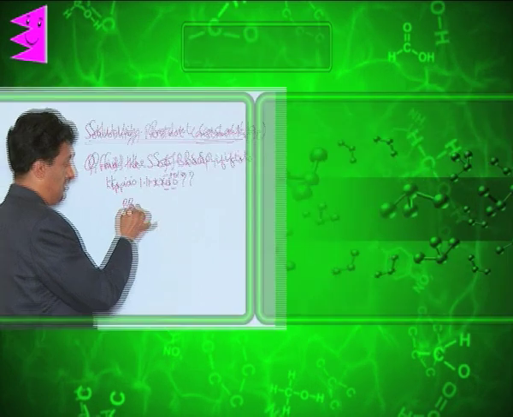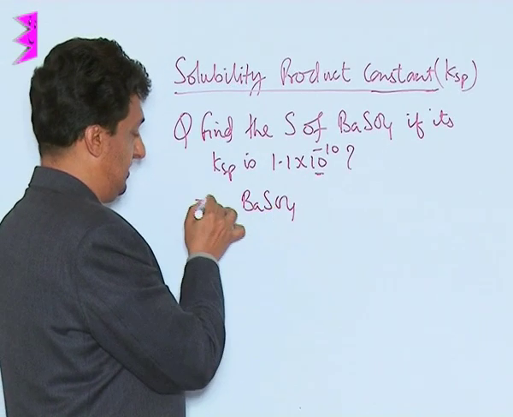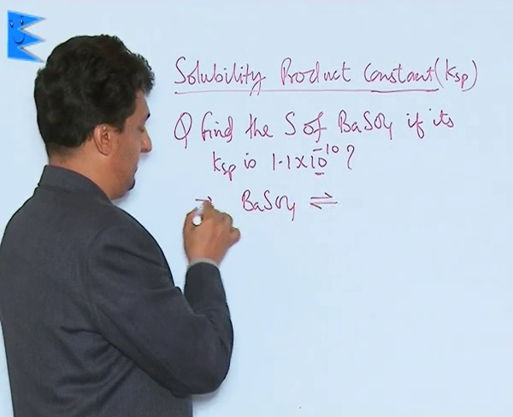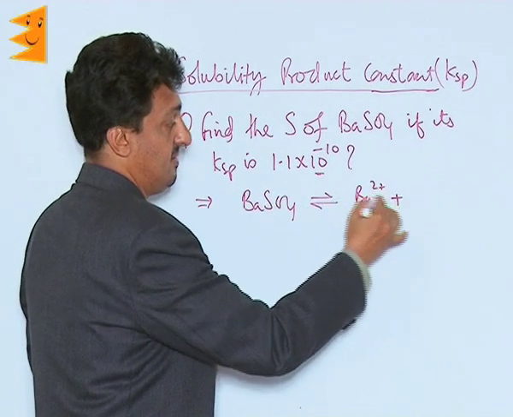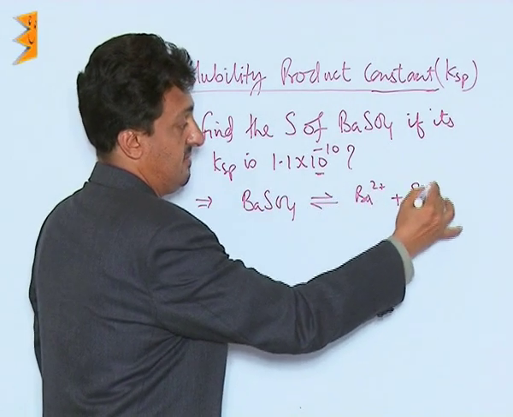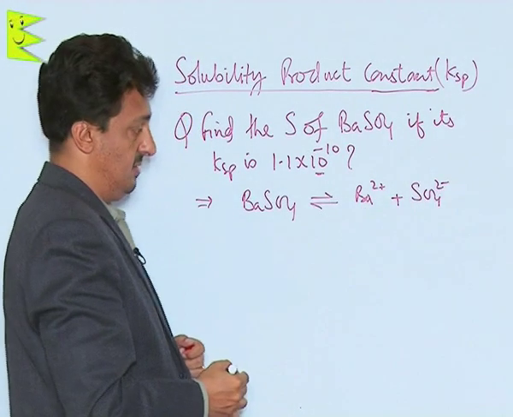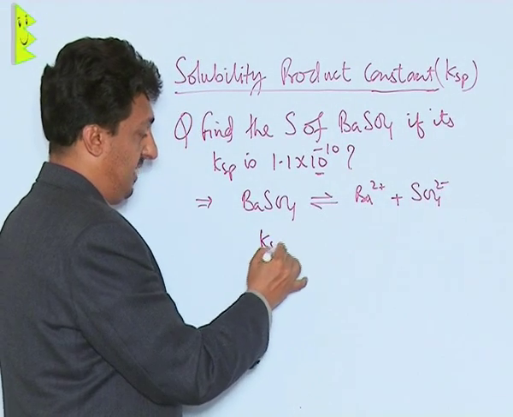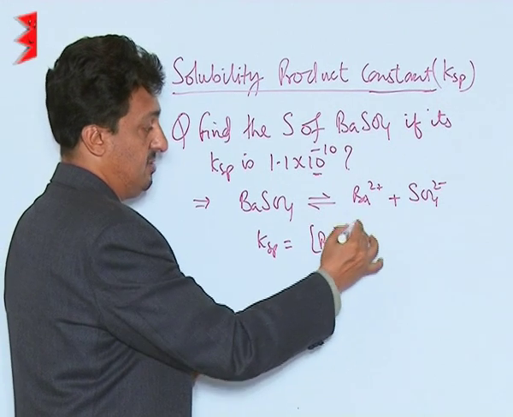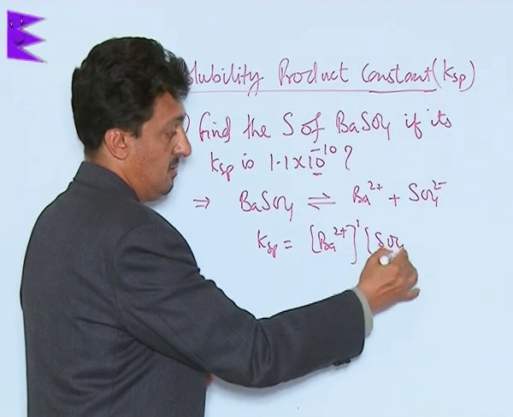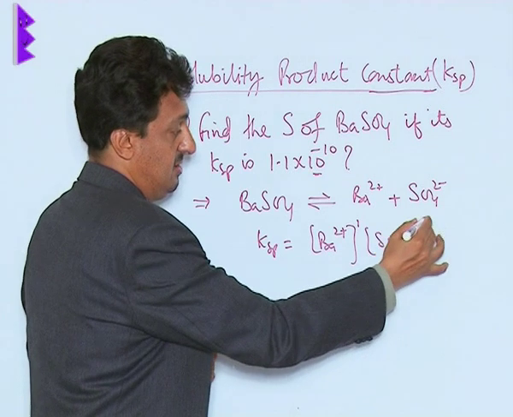We know barium sulfate is going to give us barium ions and sulfate ions. Its Ksp expression will be barium ions to the power 1 and sulfate ions to the power 1.